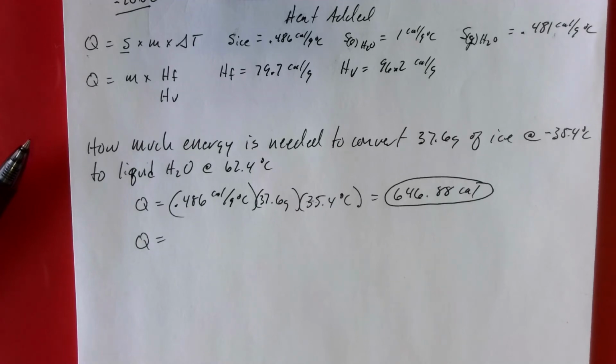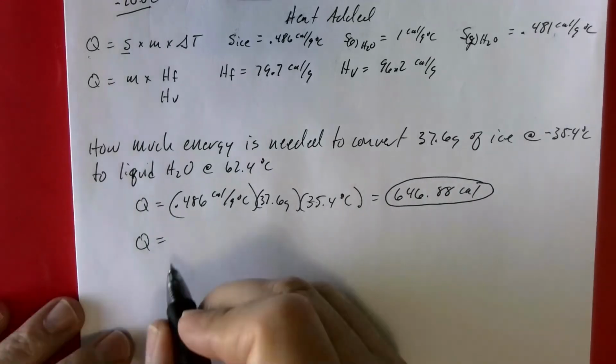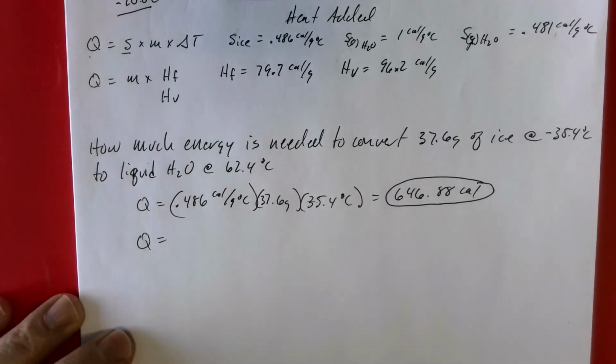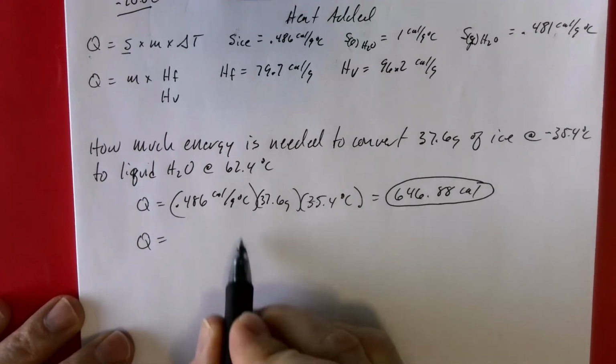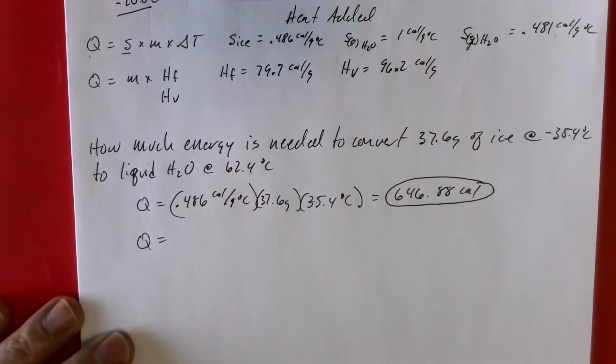Go to a liquid. I've got to convert it to a liquid, right? So now I'm going to use that other equation, and that is going to be Q equals what? What value do I have to remember to use here? H of F. H of F, right?